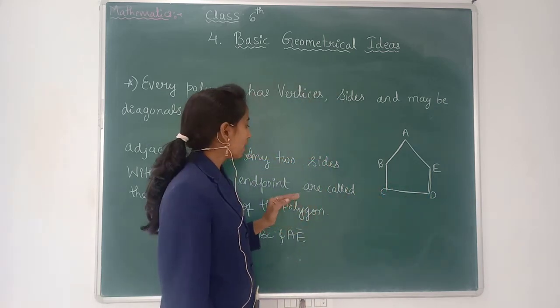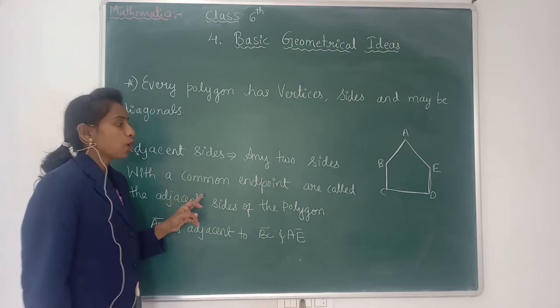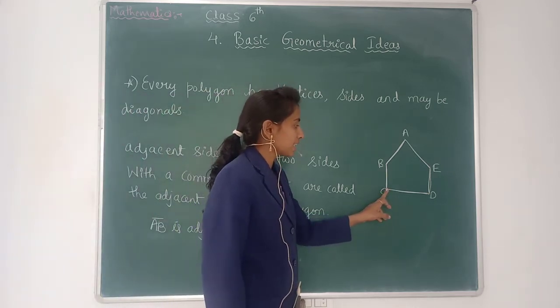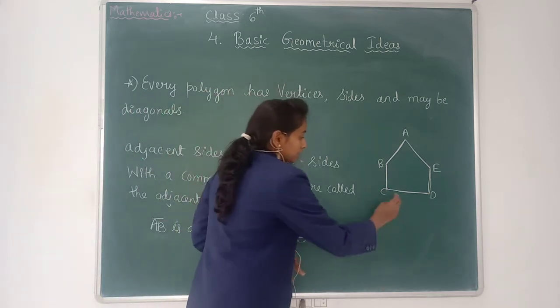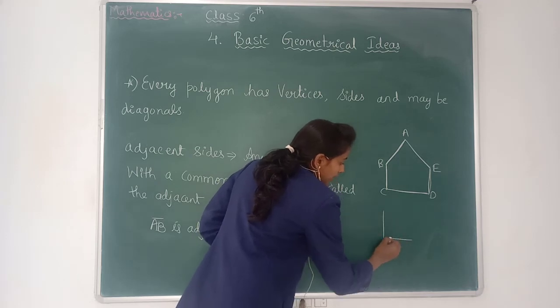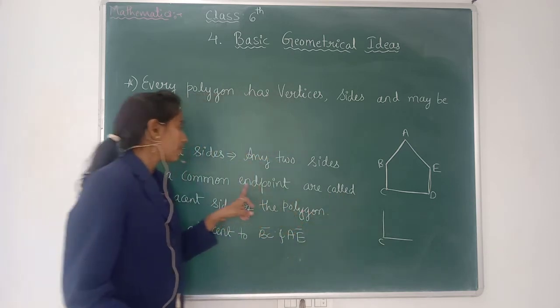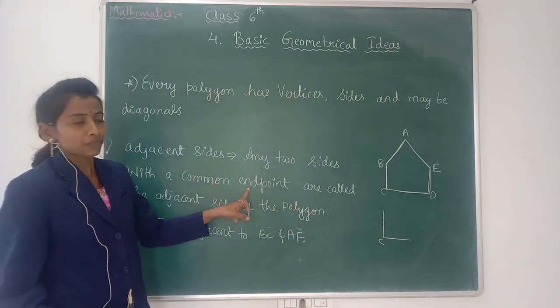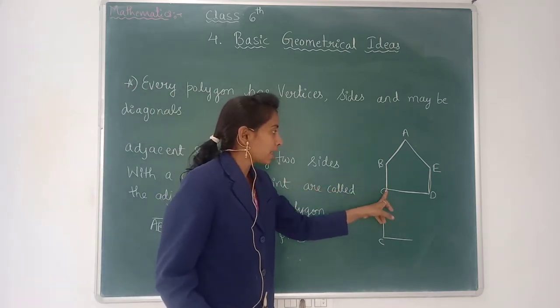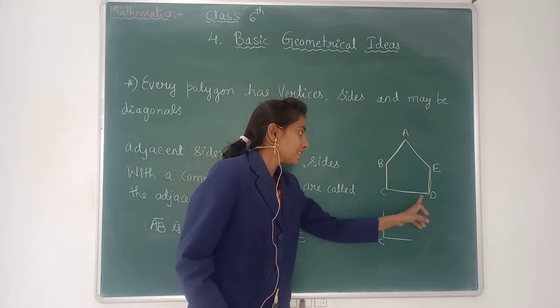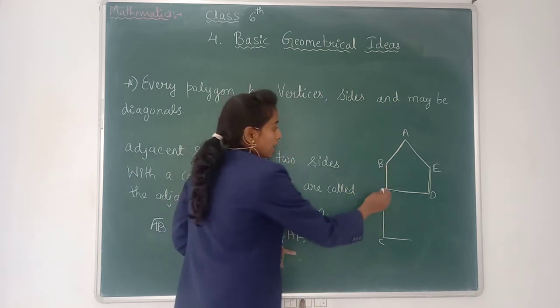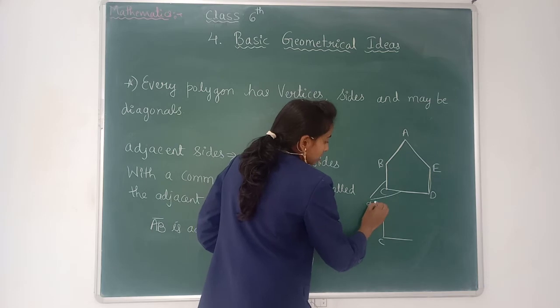They have a common end point. Here at point C they have ended. See this BC and CD, they have ended at point C. So they have a common end point, C. So this BC and CD we call adjacent sides.